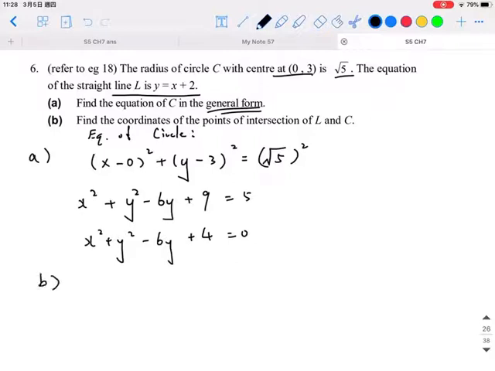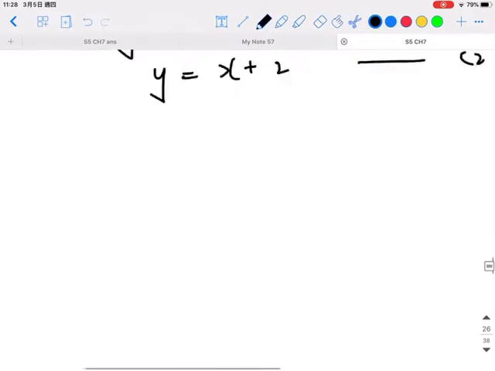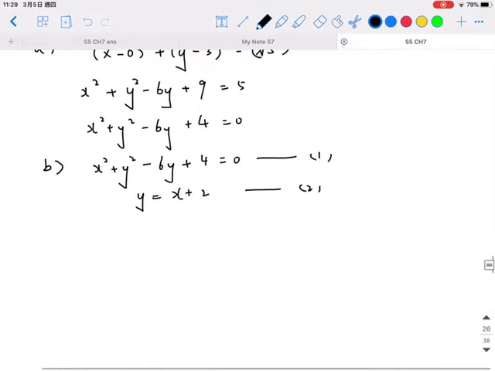And for part B, find the coordinates of the intersection point. For the first equation, I write it down like this. This is the first equation. And the second one is y equal to x plus 2. This is the second one. So I just solve these 1 and 2. So substitute 2 into 1.